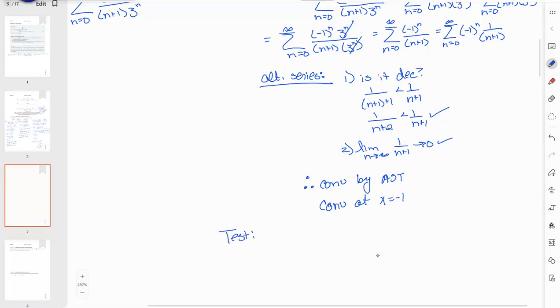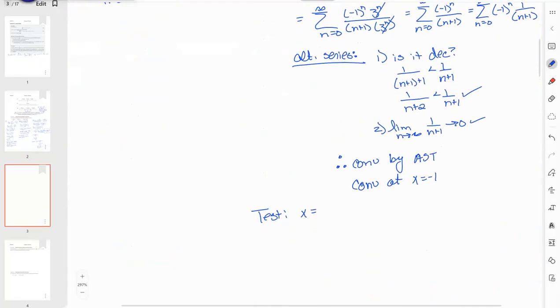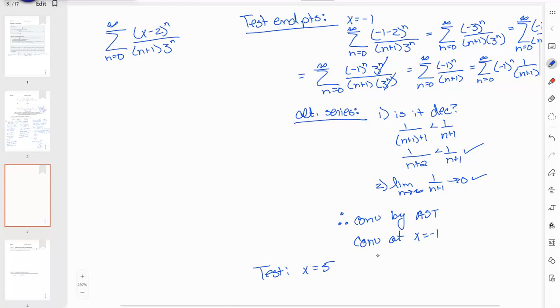But now we've got to test the other one. So we've got to test x equals, was it 5? Yep, 5. So we're going to plug 5 in for x into this series, and we want to know what's happening to that.